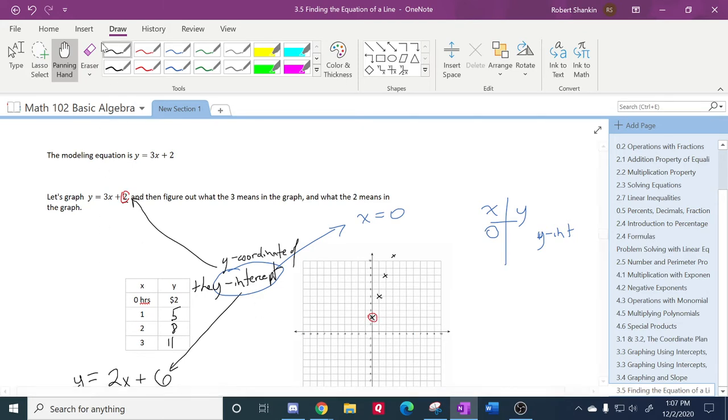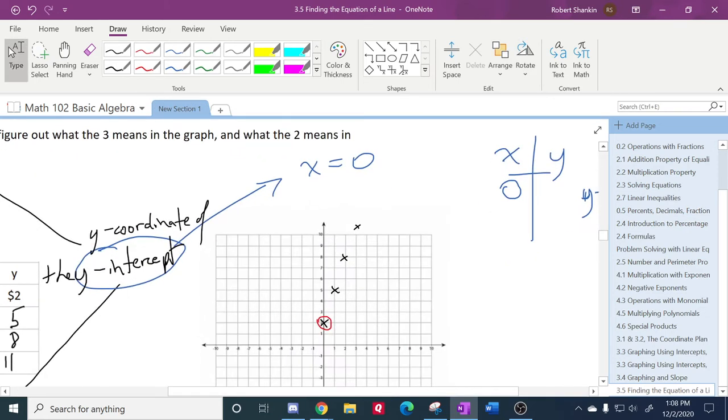Alright, back to group 4 again. What does the 3 represent? Where does that show up in this graph? That would be the slope, wouldn't it? Very good. That's the slope. Now, it shows up only in a kind of abstract way. Let's look.